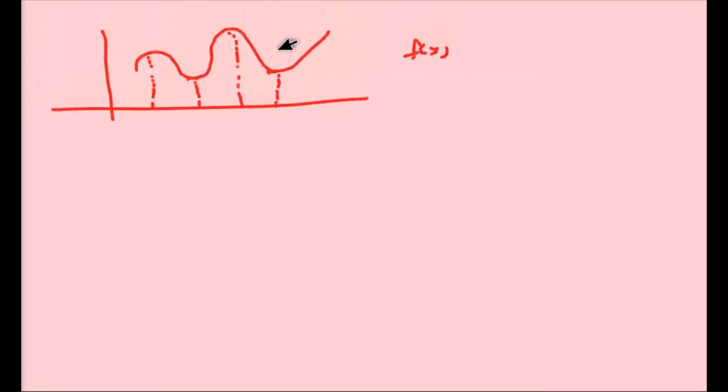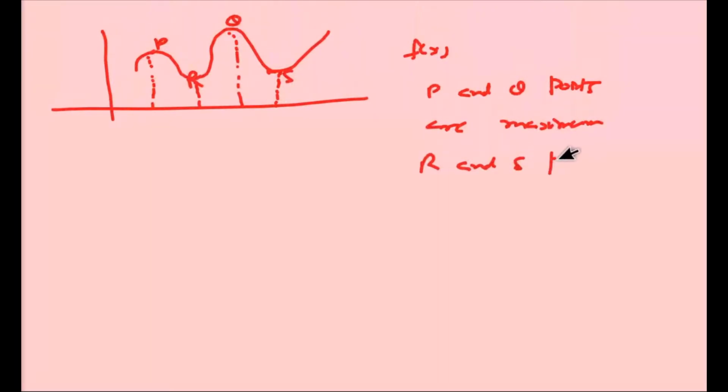Here we can say these points, let this be P and this Q. P and Q points are maximum, and let these points be R and S. R and S points are minimum.